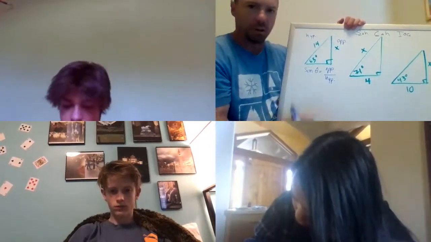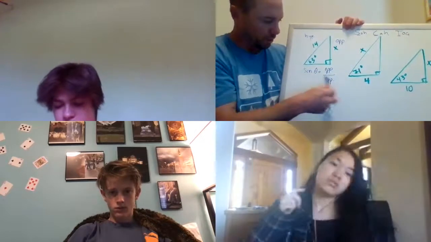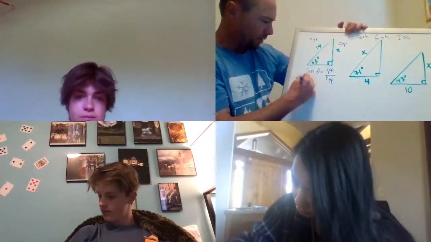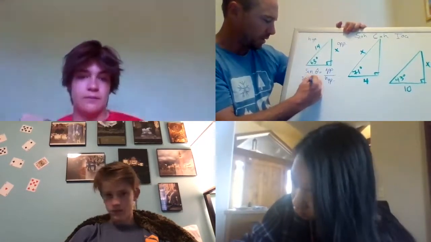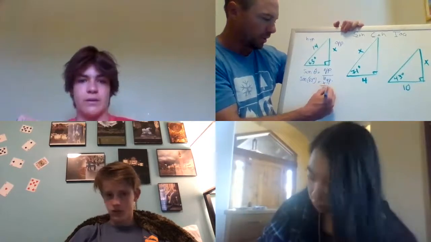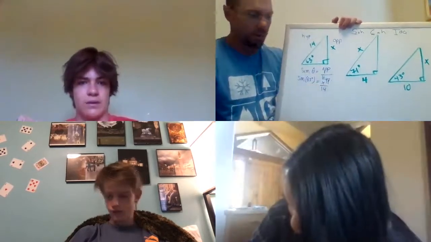But now let's plug into this little equation here. Let's plug in everything that we know. Remember, theta is just a fancy way of saying the angle. So sine of 63 equals x over 14.